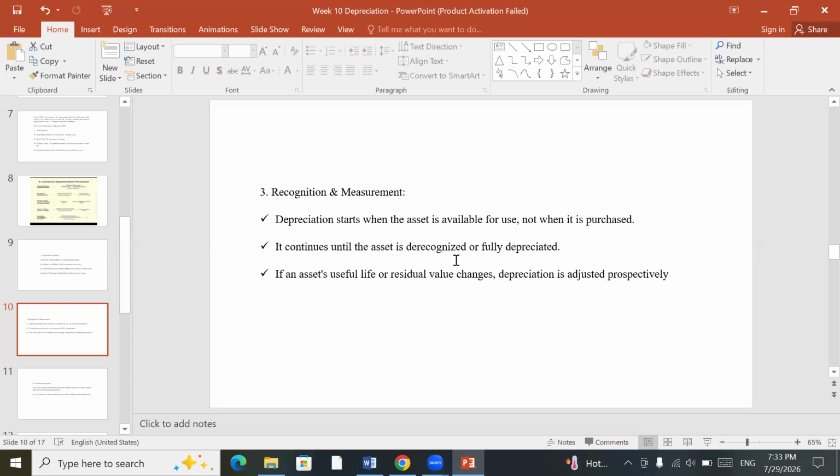If the asset's useful life or residual value changes, depreciation is adjusted prospectively. Very simple. You have to consider the residual or salvage value when you set the depreciation.